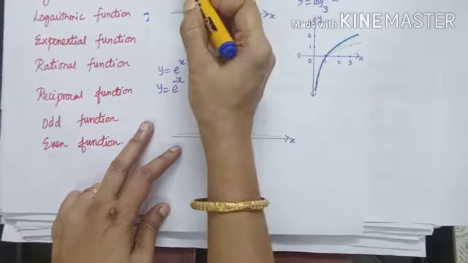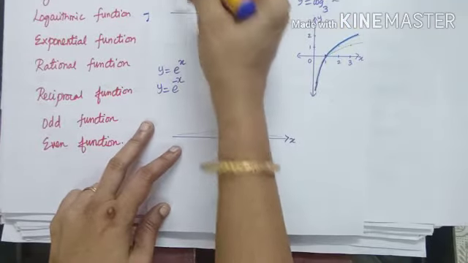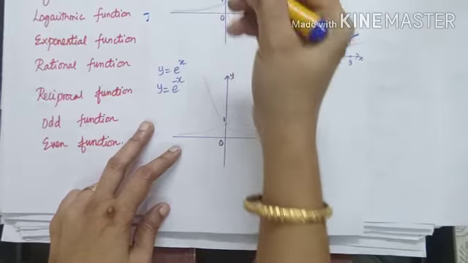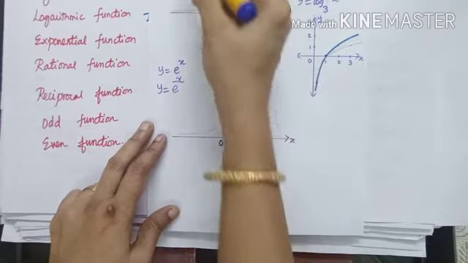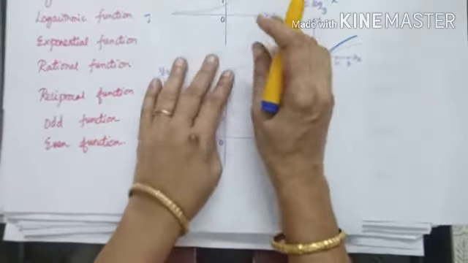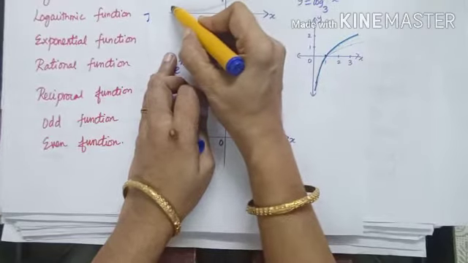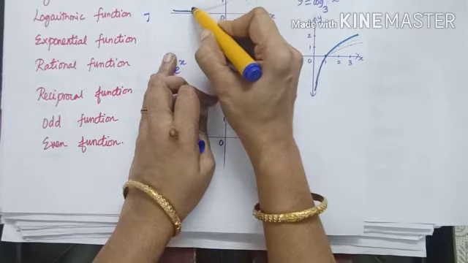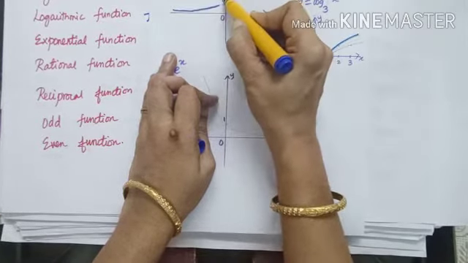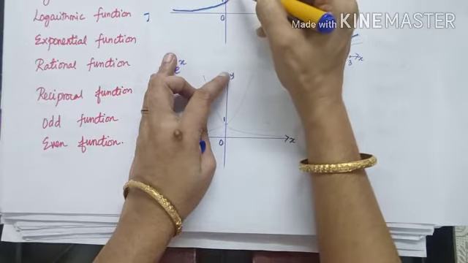Exponential, my answer is always positive. Even if I say 2 power minus x, I can say 1 by 2 power x. So exponential function is always positive. It is only in first and second quadrant. See, your diagram goes like this when I draw, and this also touches at 1 only, and it goes like this way.